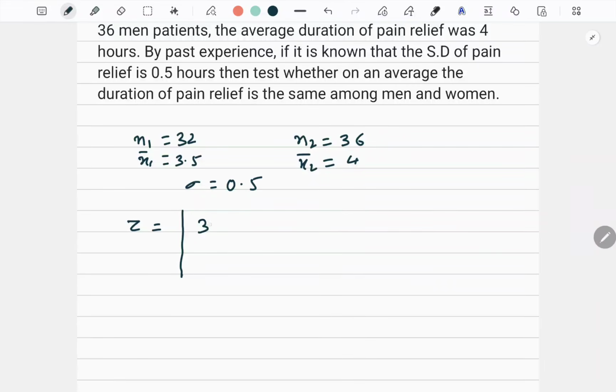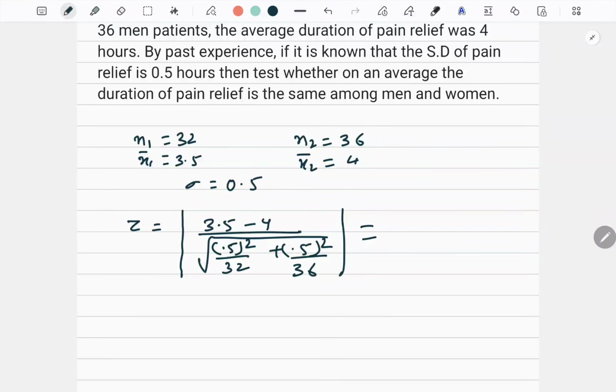So what is z? 32 minus 36 upon under root of, wow, I did wrong. So 3.5 minus 4 upon under root of sigma 1 square, that is 0.5 square upon 32 plus 0.5 square upon 36, right?